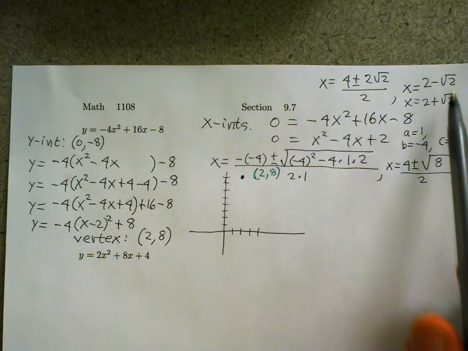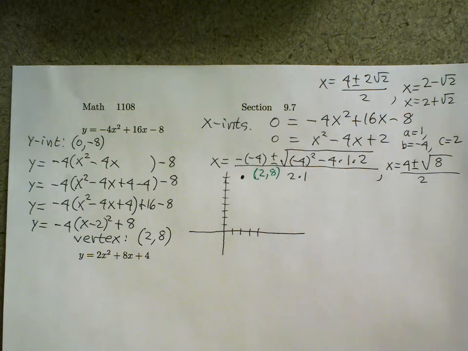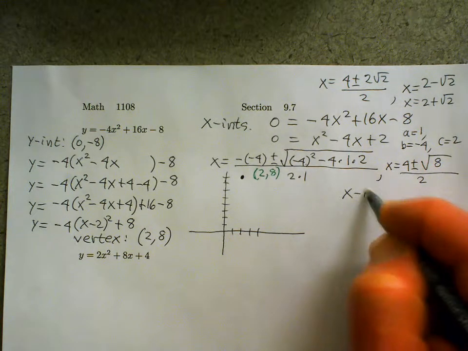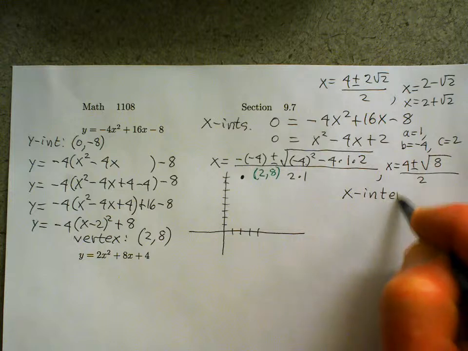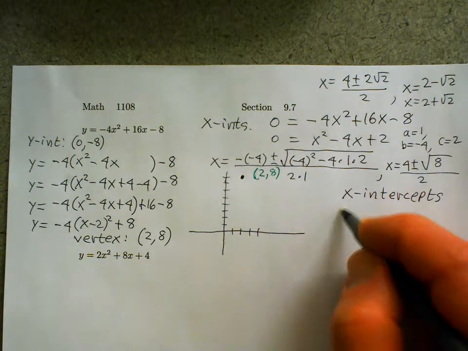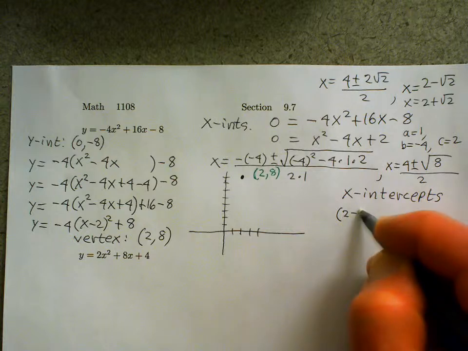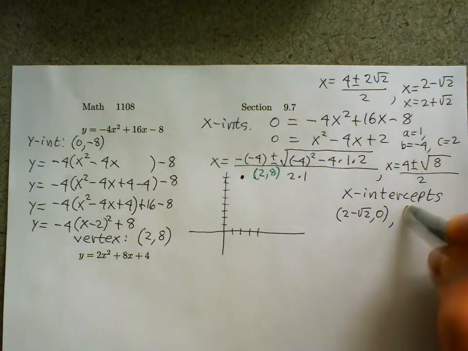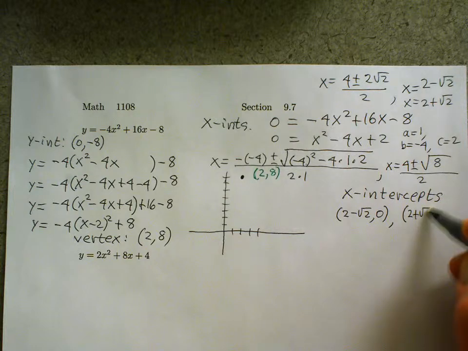We're supposed to write the x-intercepts as ordered pairs. So one of the x-intercepts is the ordered pair 2 minus the square root of 2, comma 0. And the other one is 2 plus the square root of 2, comma 0.